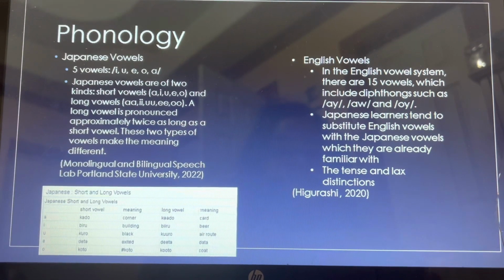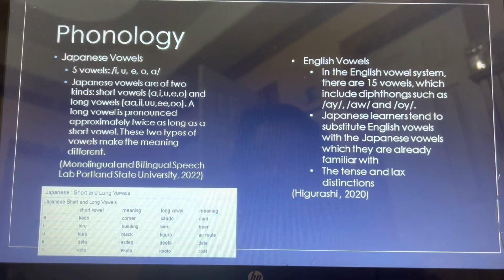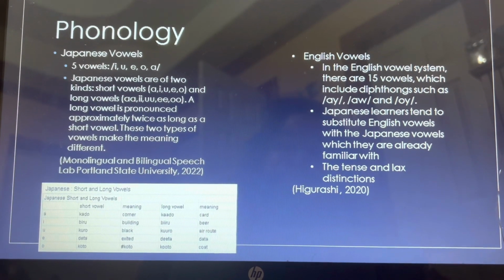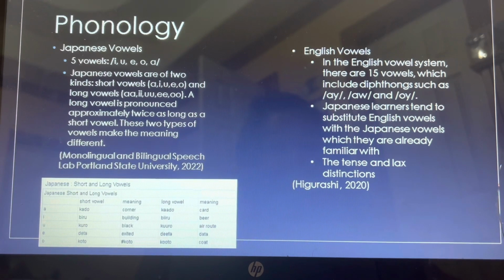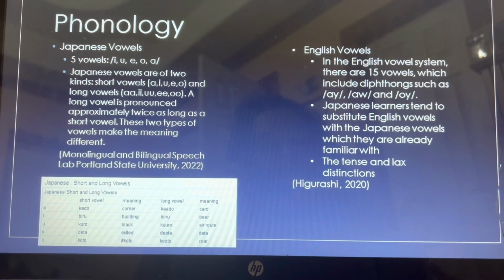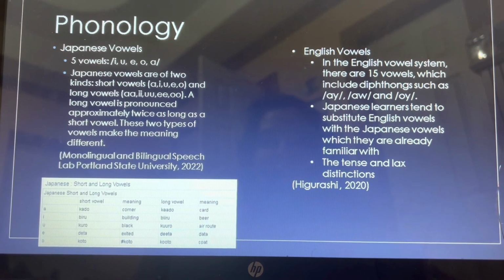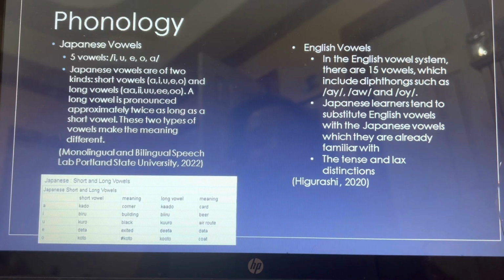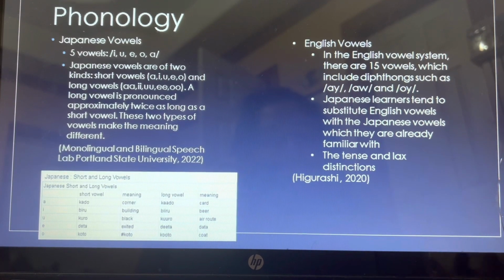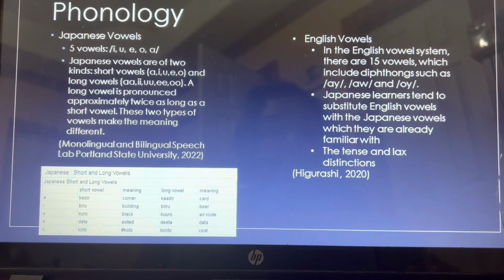In English, there are 15, which is a huge difference, but that's also because it's including the diphthongs. And then here I just made a little note that I saw that Japanese learners tend to substitute English vowels for vowels that they're already familiar with, such as the 5 that they have right there. That's just going to be something to note maybe when you're working with patients who are bilingual.